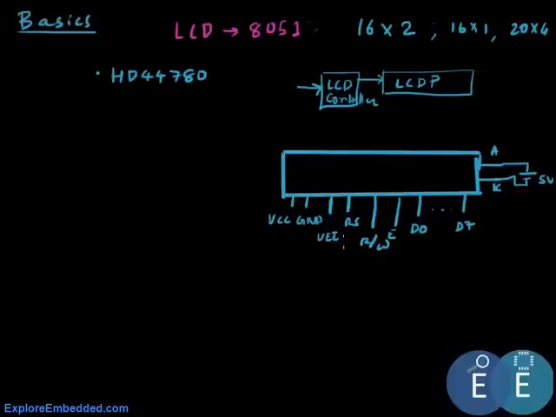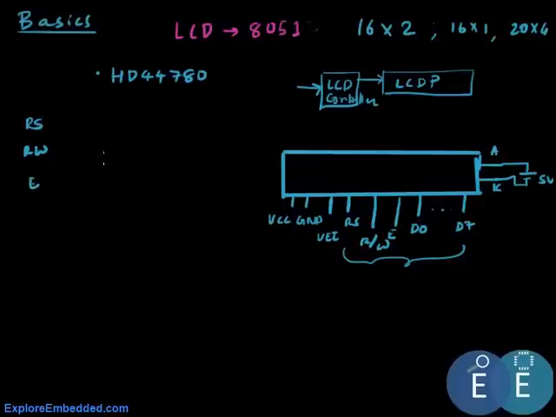So the point here is the signals that are used to interface with the controller are these. Basically we will have register select, then we have read write, and then we have the enable pin.